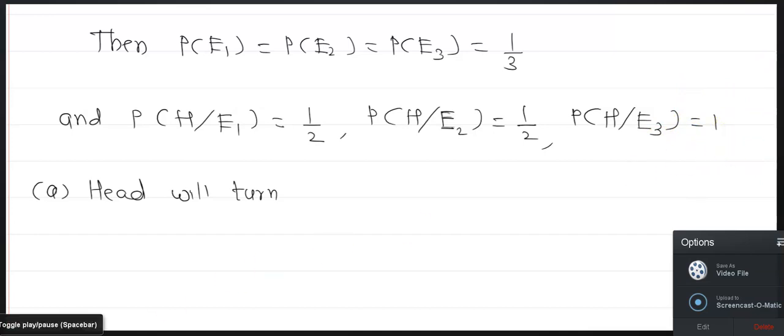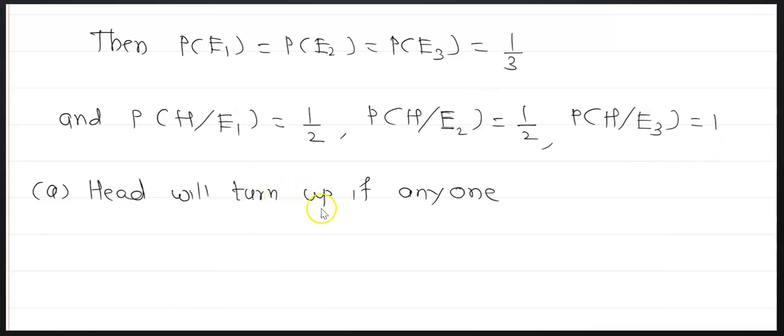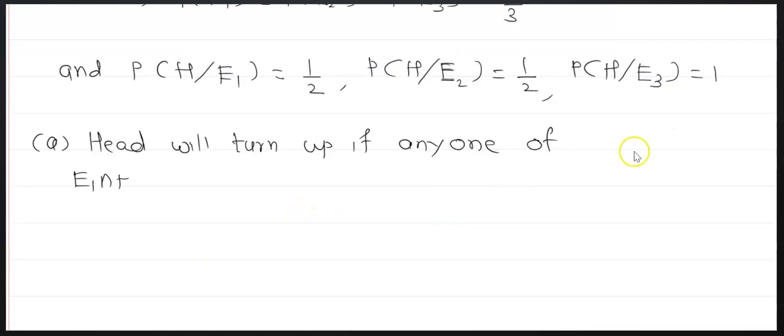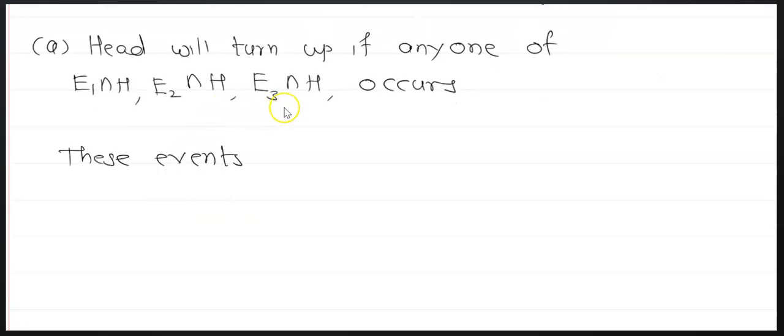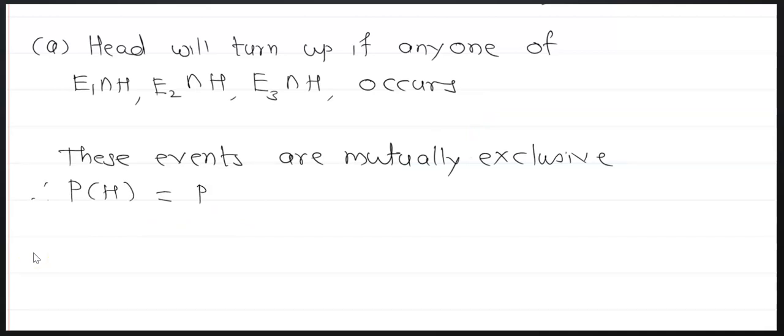Now, head will turn up if any one of E1 intersection H, E2 intersection H, E3 intersection H occurs. These events are mutually exclusive.